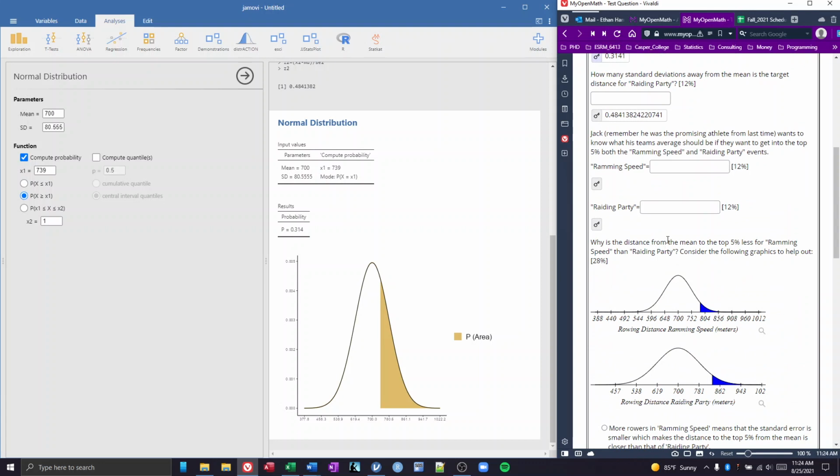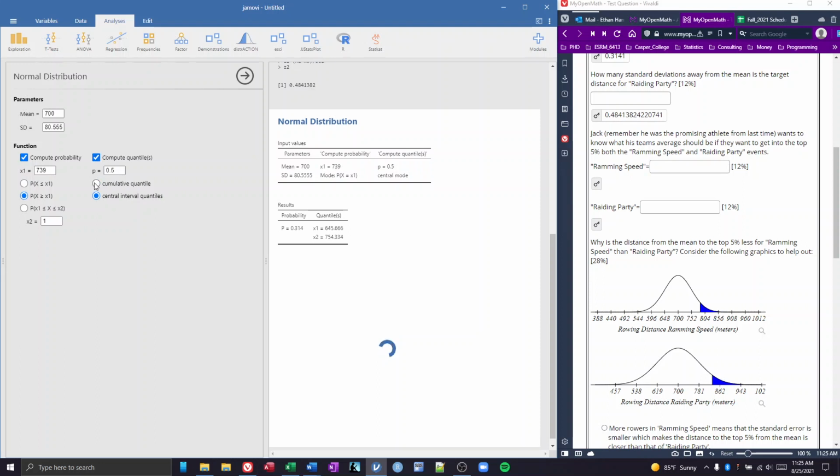Scrolling on down. Okay, so Jack, remember he was from last time, wants to know what his team's average should be if they want to be in the top 5% of both ramming speed and raiding parties. So that's a quantile question, so let's click on quantile.